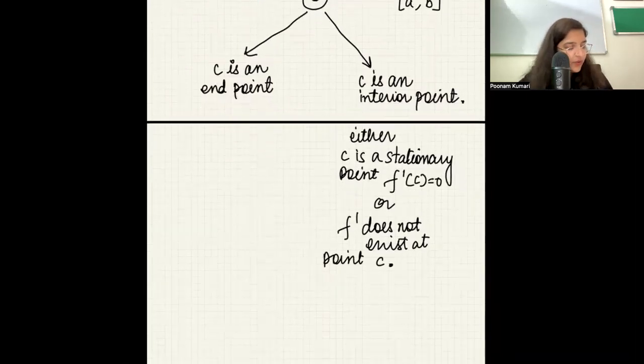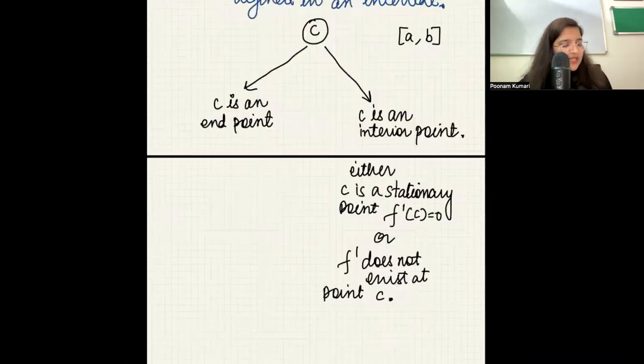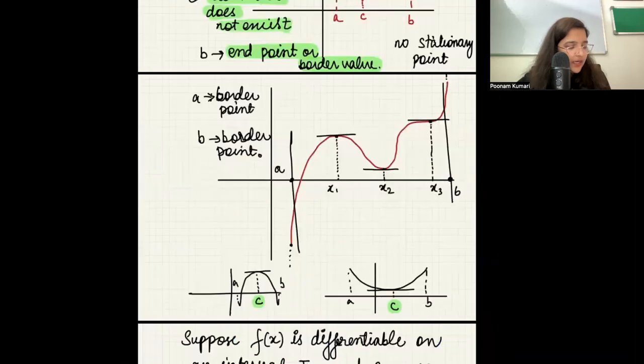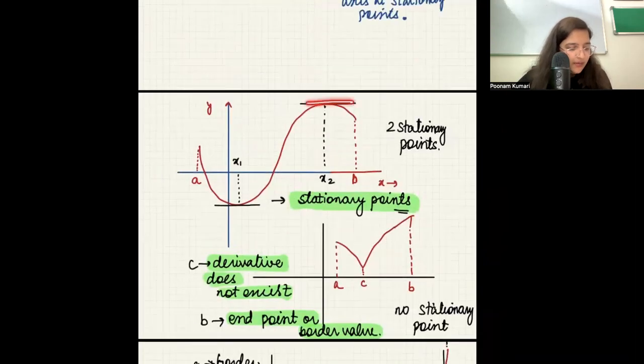And you see, even if you have a point C where the derivative is 0, that doesn't mean it has to be the point where you see your maxima or minima, right? Because in this case, we saw I had three different points which were stationary points, but they were not the maxima or minima points. But if there is any maximum value in the interior and your function derivative is defined here, it should be a stationary point.